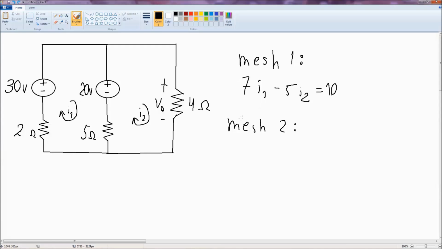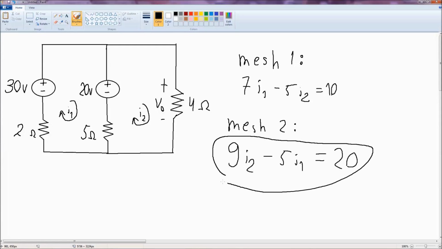So here we put 9I2. Actually, I'll put down this equation now and then I will go the long way, just to see that it works. So 9I2 minus 5I1, and all we have here is minus 20, so we can write it as equals 20.